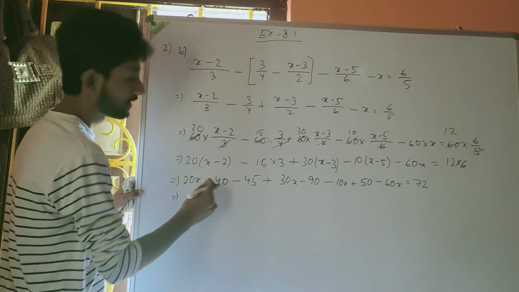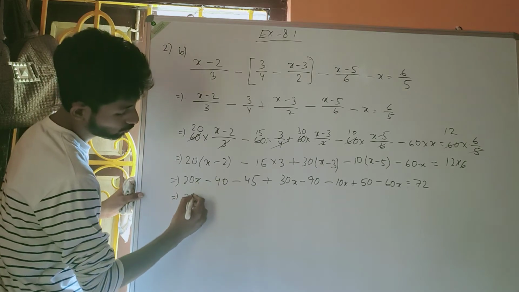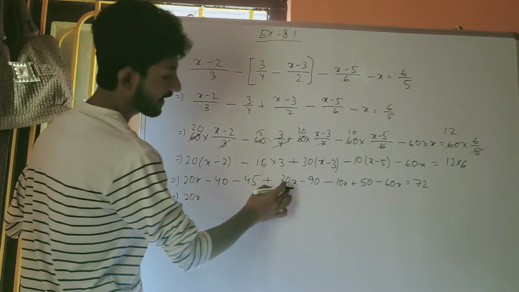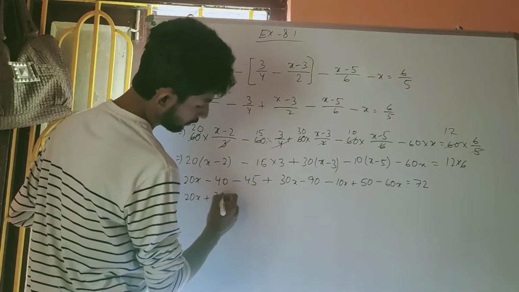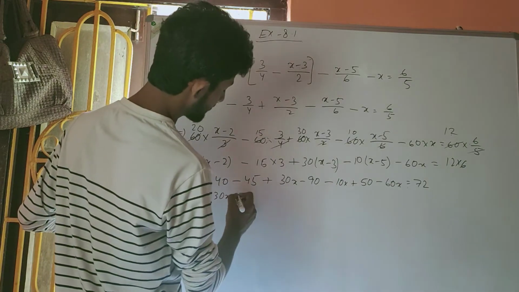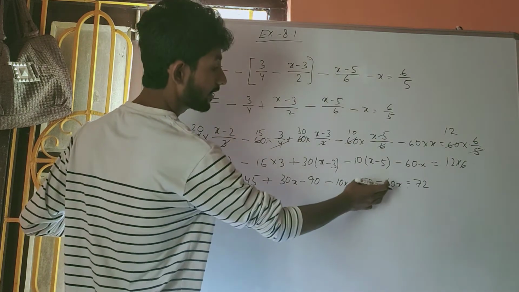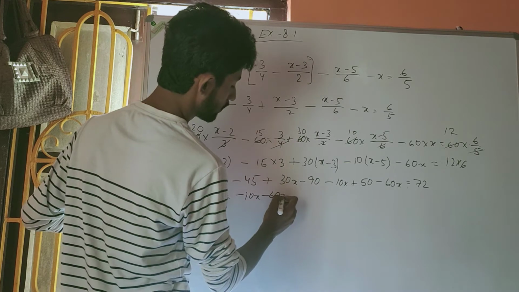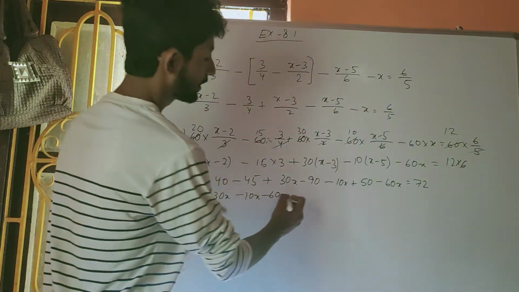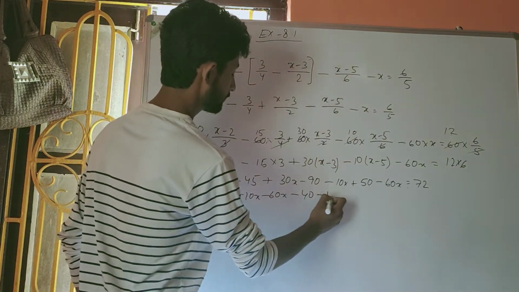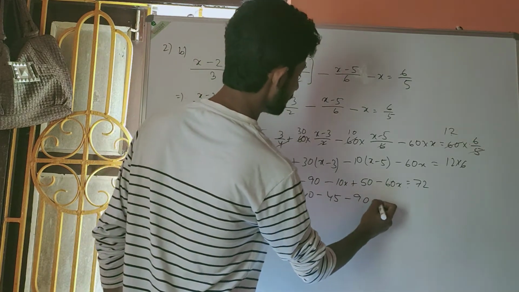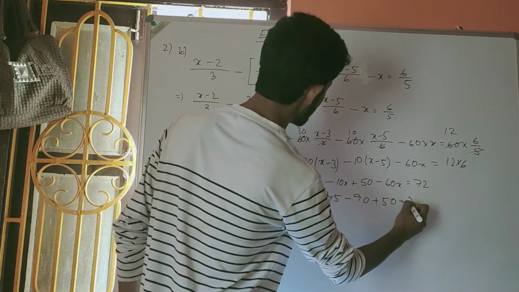Now where are the x terms? 20x, 30x, minus 10x, and minus 60x, then minus 40, minus 45, minus 90 plus 50 equals 72.